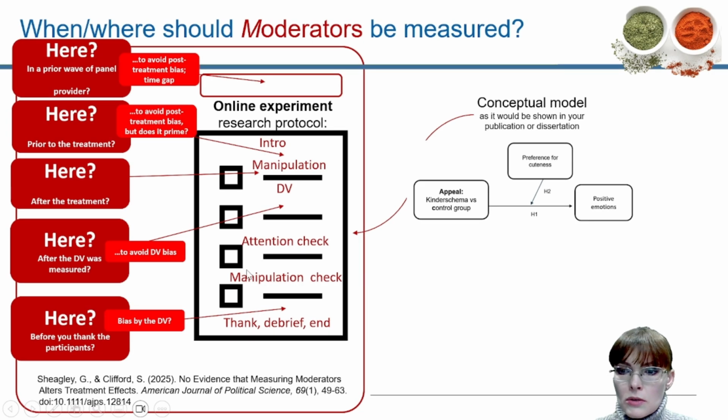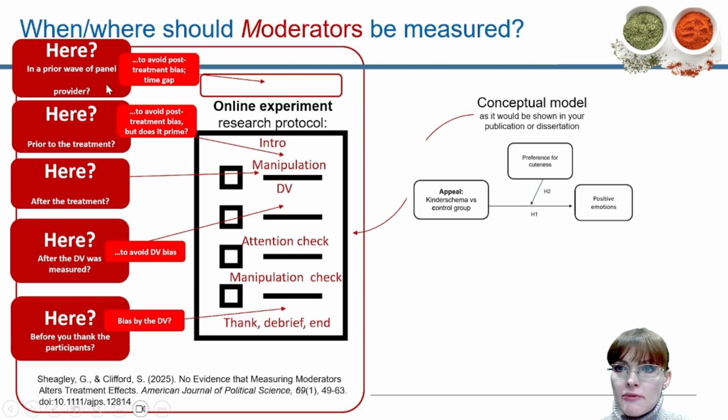This is work that I really like. It's by Sheagley and Clifford, published in 2025. They did a literature review of various different studies, and they looked at what researchers were doing. The questions they raised were, where should you collect your moderators? Should you do it sometime before you conduct your experiment?